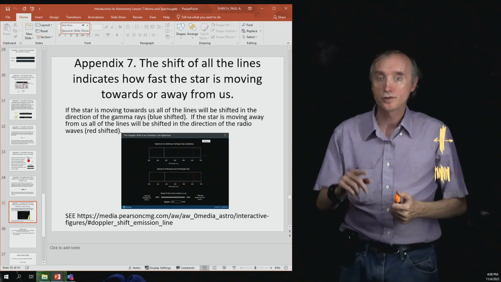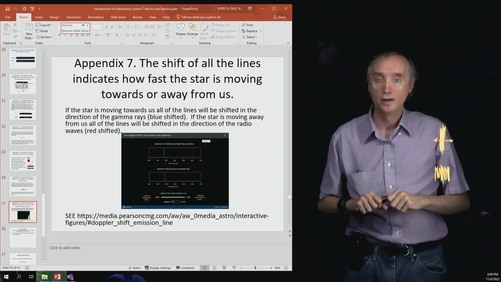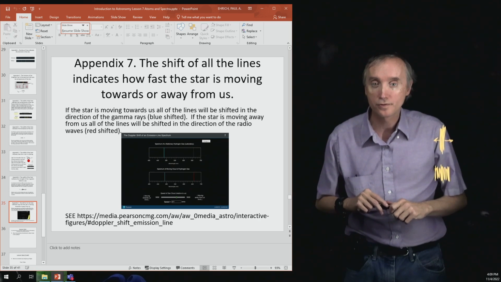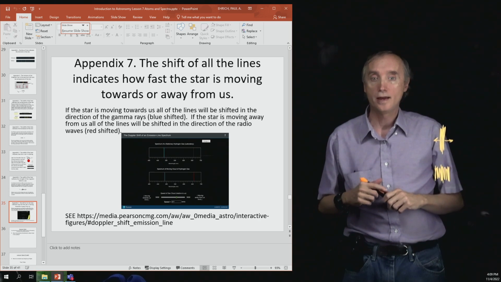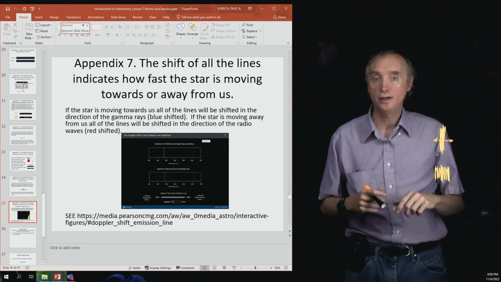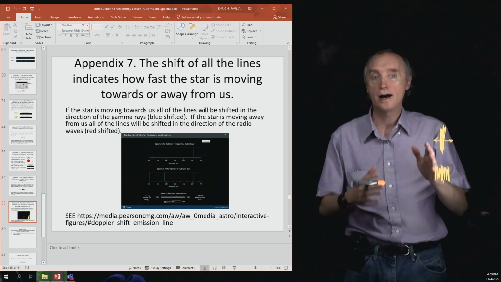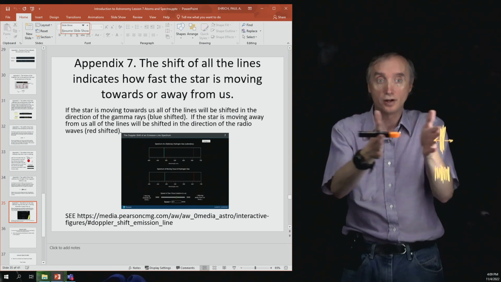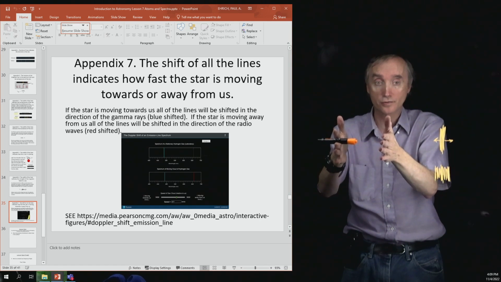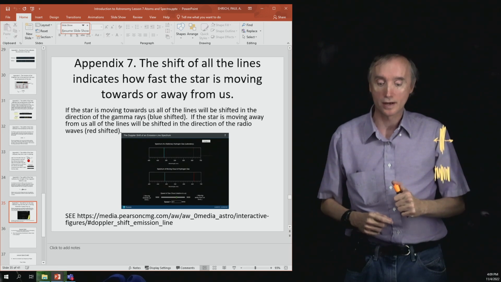So I'd like for you to watch this little simulation found at Media Pearson, and then what you can do is change the speed of the object that's emitting the light, and then you can see how the wavelengths will shift either to the red end of the spectrum or the blue end of the spectrum. So go ahead and watch that if you want to.